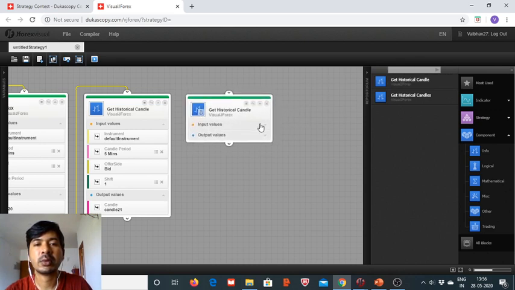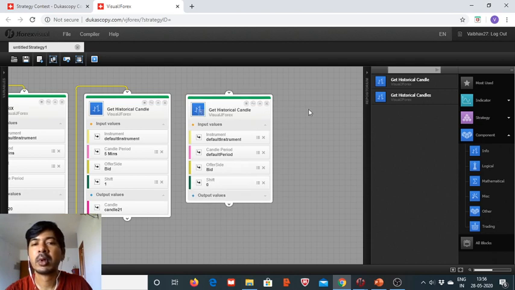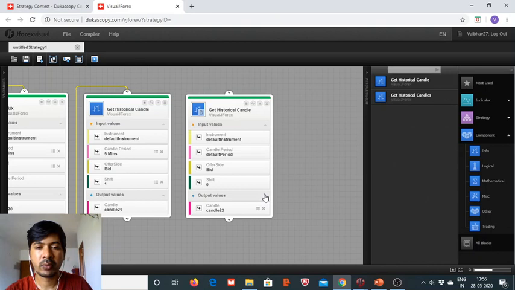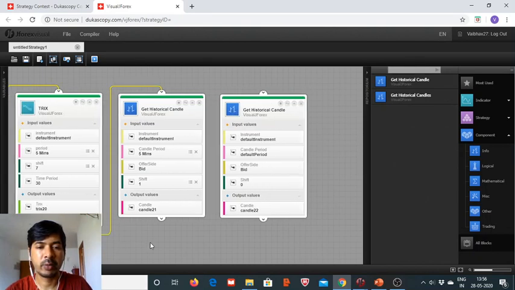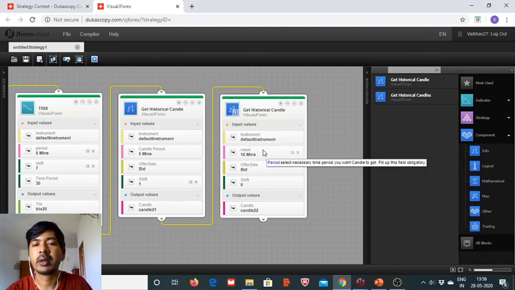and this we will use for immediate entry and exit purpose. So let us define these at 10 seconds.